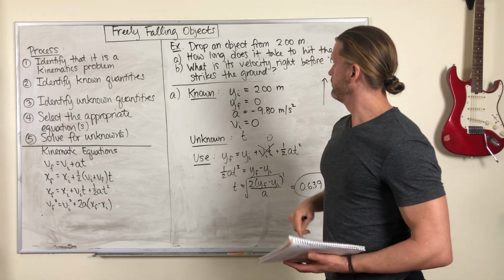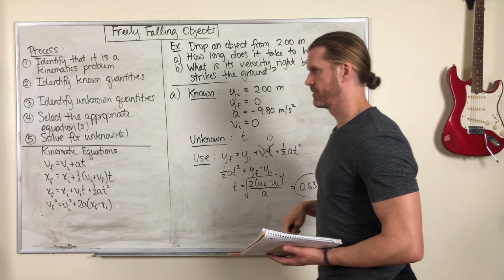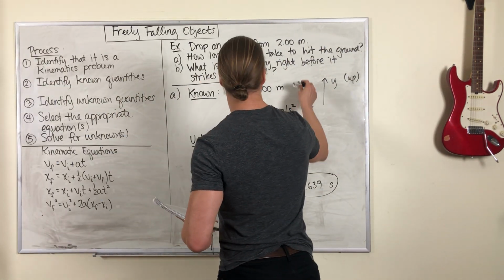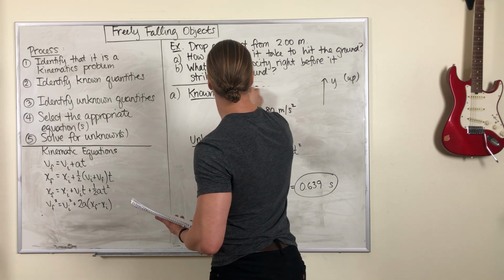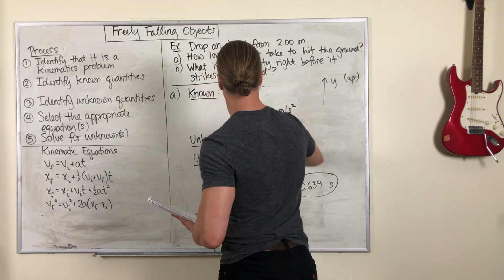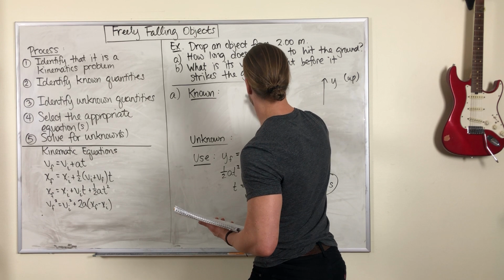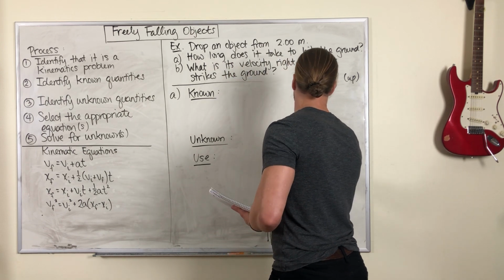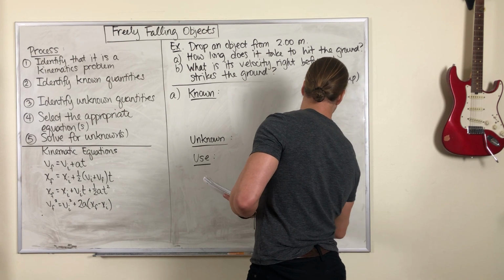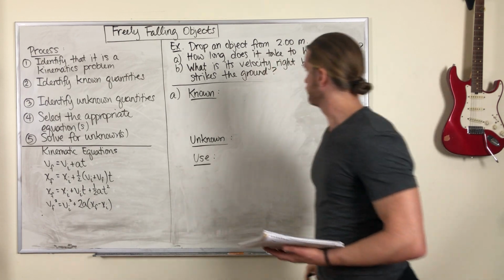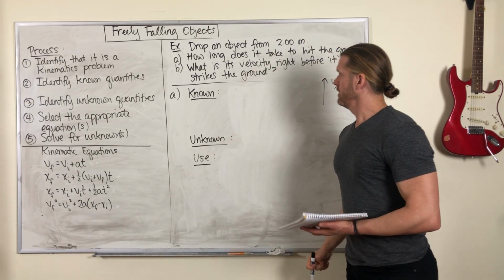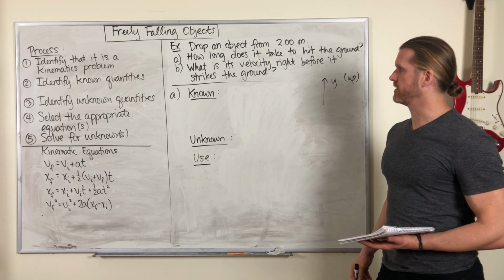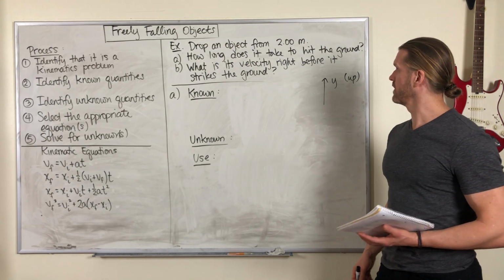So let's do part B. I'll have to erase this. All right, part B. What's the velocity of that object right before it strikes the ground?